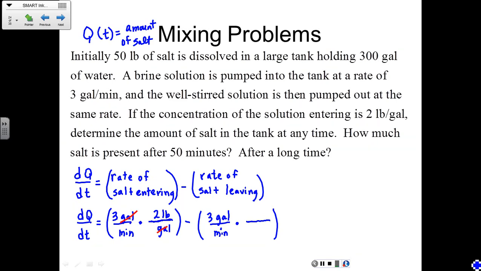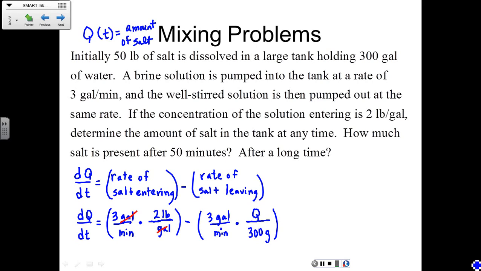So when the pumping starts, we don't know how much salt. We have zero idea about salt. So we're just going to call it the amount of salt, Q, in 300 gallons. The rate leaving is just going to be some mixture of salt out of 300 gallons of water. We don't have any idea how much.